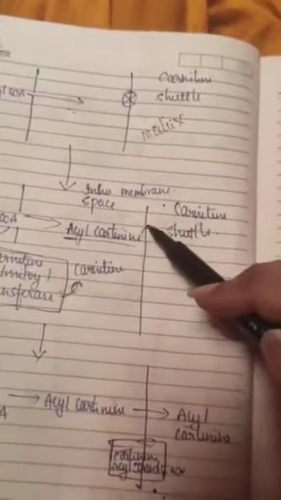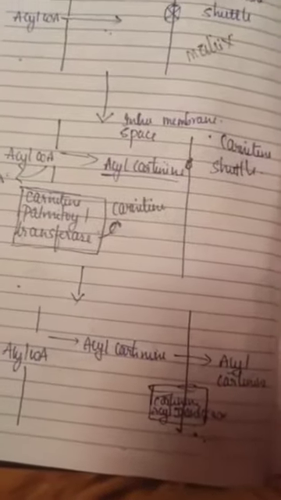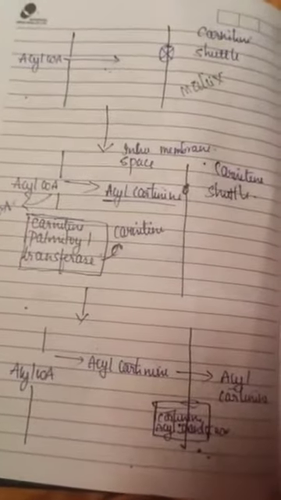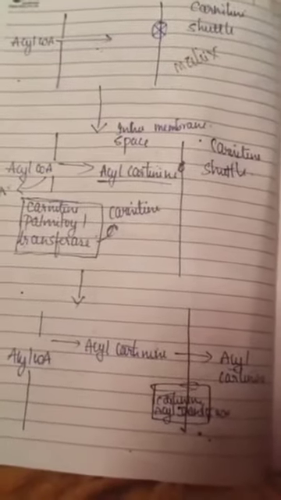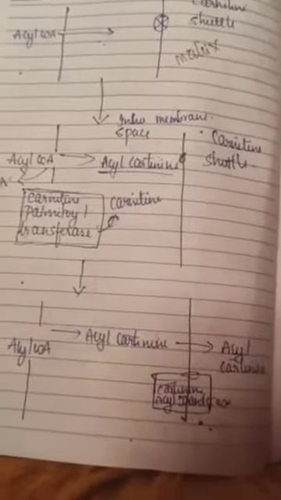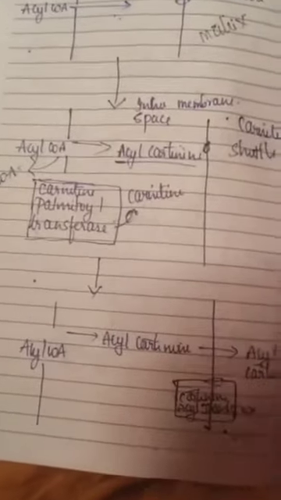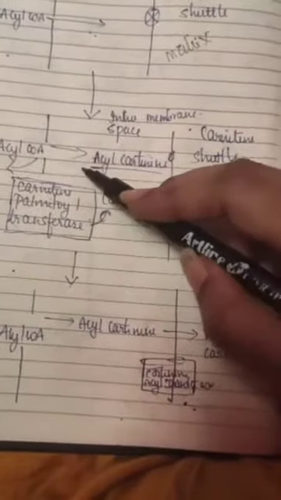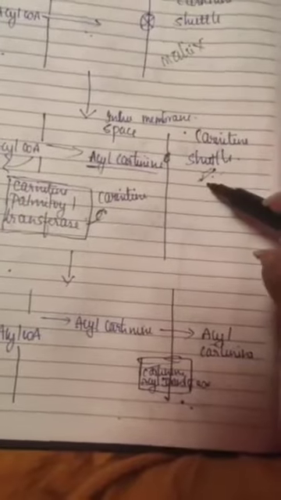So at the inner membrane edge there is a carnitine shuttle, and this carnitine shuttle will get activated when acyl-CoA enters the intermembrane space. Understood? Once acyl-CoA enters the space, the carnitine shuttle will get activated.